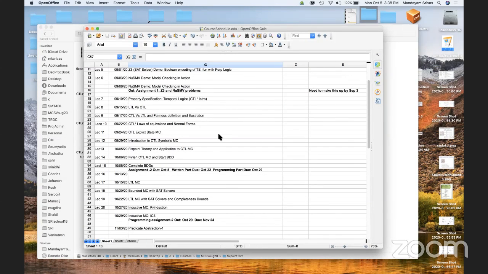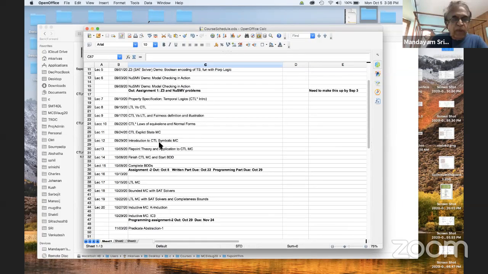Yeah. Okay. So we have covered CTL, LTL, CTL star. We've also covered CTL model checking, the explicit state variety of model checking. We started talking about symbolic model checking of CTL formulas.